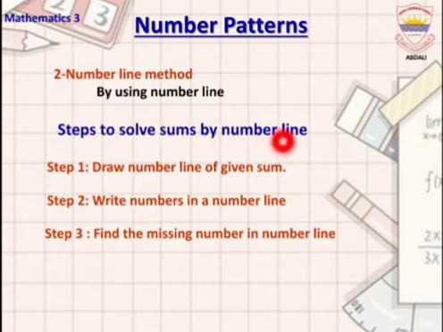Now students, let's start to solve our question by our second method, the number line method. For the number line method, we have 3 steps. Step 1 is draw a number line of the given sum. Step 2 is write numbers in the number line.